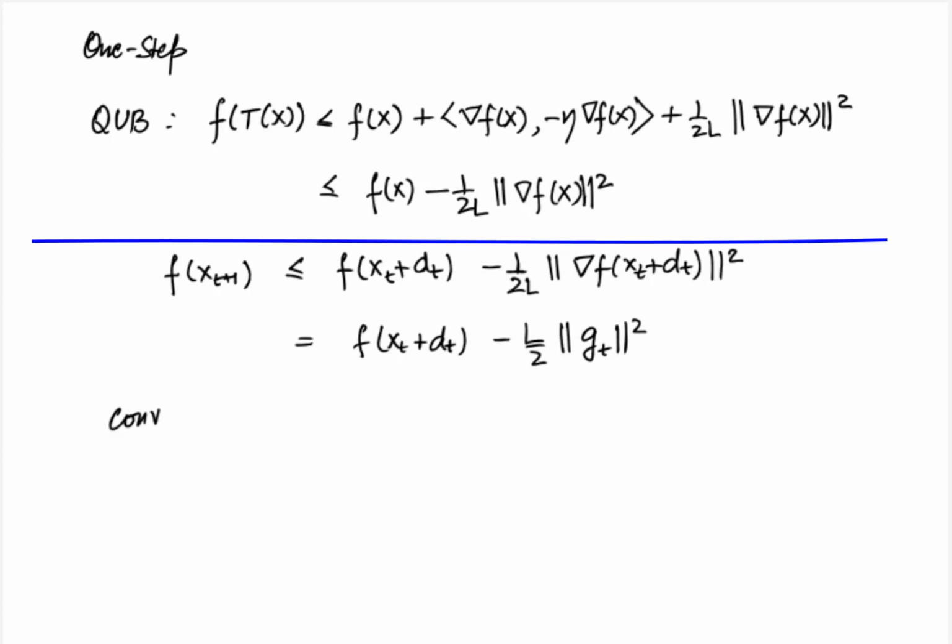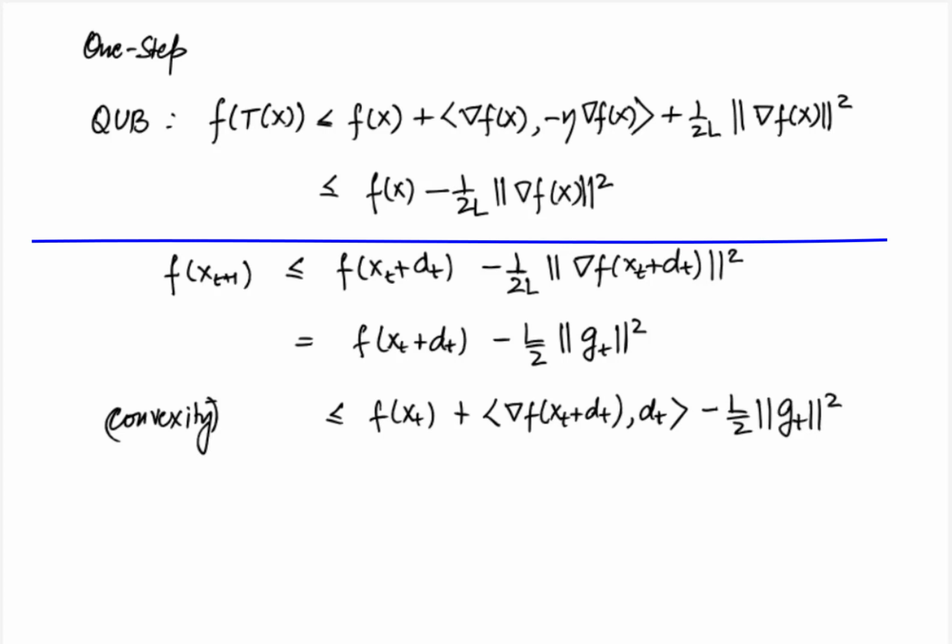Next, we can use the convexity of f to obtain that f of xt plus 1 is less than or equal to f of xt plus inner product of gradient f of xt plus dt comma dt minus L by 2 norm square of gt, which can again be written as f of xt minus L inner product of gt comma dt minus L by 2 norm square of gt.